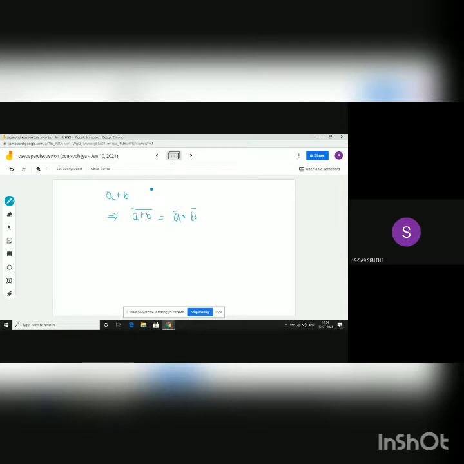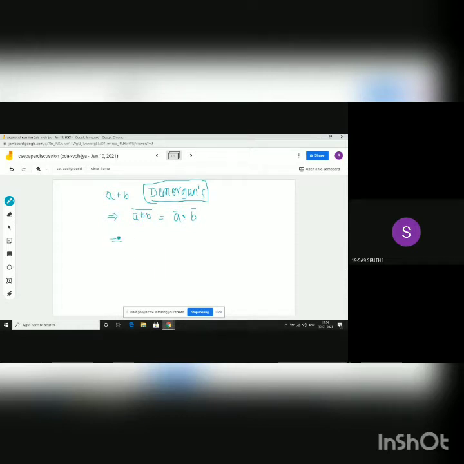This is called De Morgan's law, which states that for two variables, a plus b whole complement equals a complement into b complement. Just remember, if there is plus here, it becomes into here.